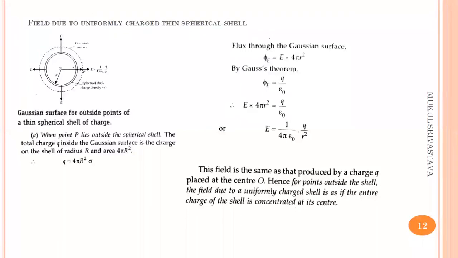Now, the first case we are going to discuss here is where we find the electric field at point P, which is at distance small r from the center of the sphere.